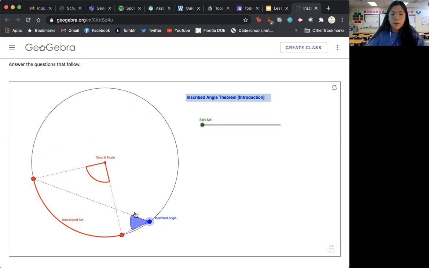It doesn't matter where it is. It can pass through the center. It can be perfectly symmetrical. It can be all the way over here or over there. It's still the same amount. As long as it passes through A and B, as long as those 2 points stay the same, this is not changing. Does that make sense? Questions on that?